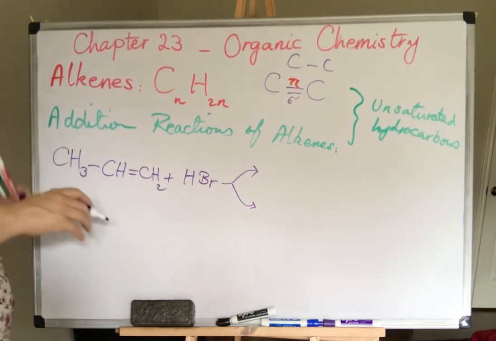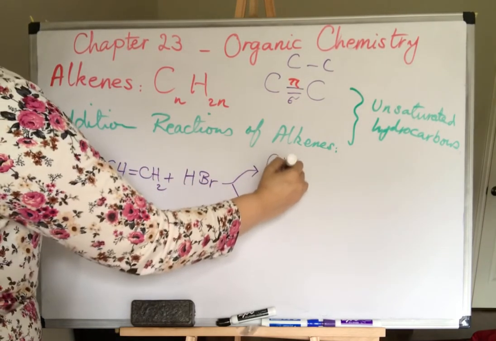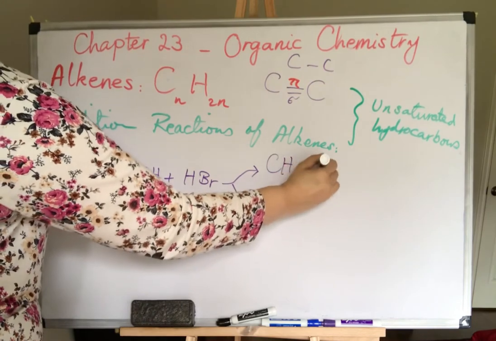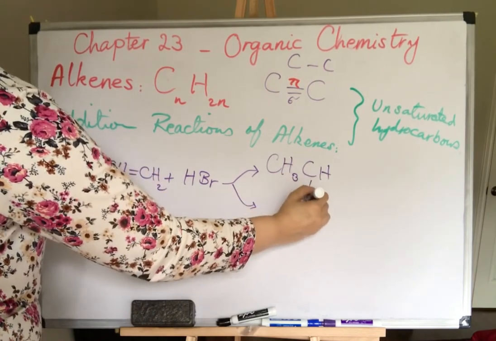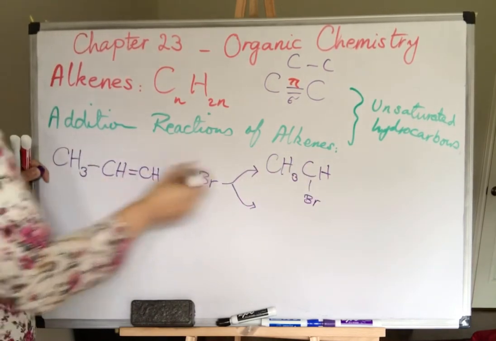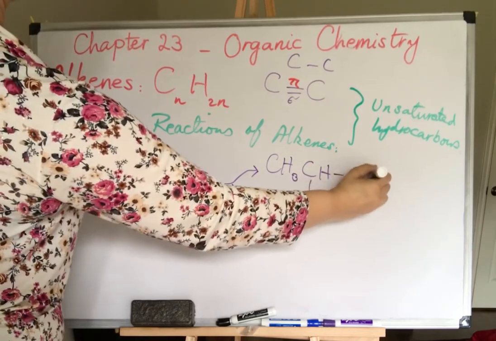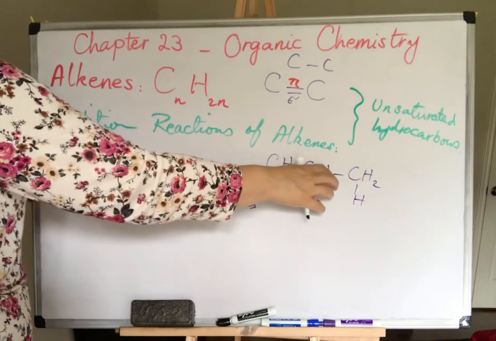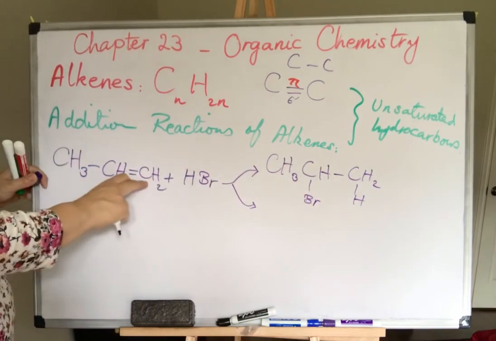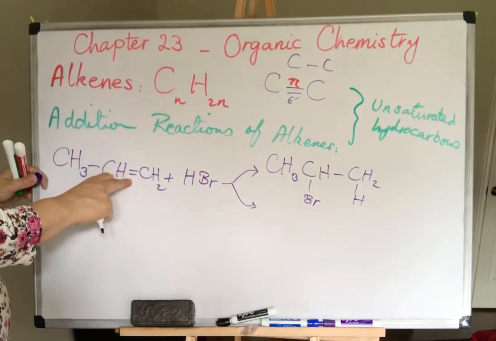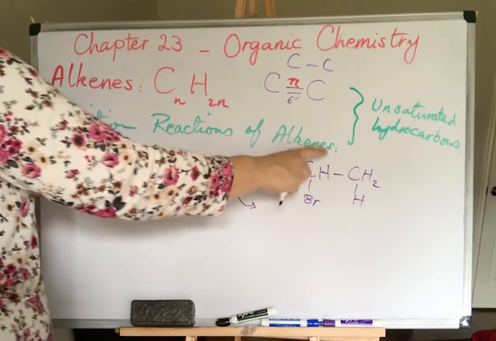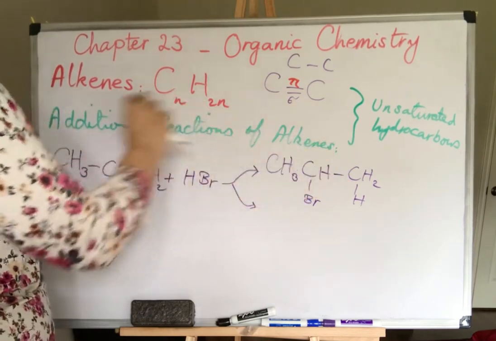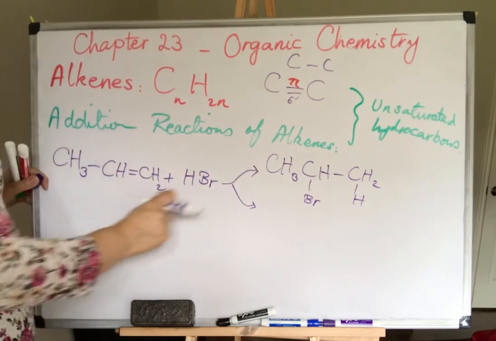So let's draw both of them. If first bromine will be added to this carbon and hydrogen will be added to this carbon. And you see, by adding the two more atoms, you can't have a double bond anymore, because you still need to keep 4 bonds around each carbon.